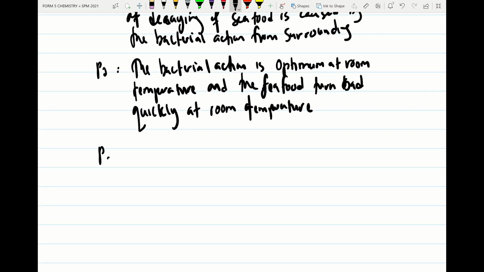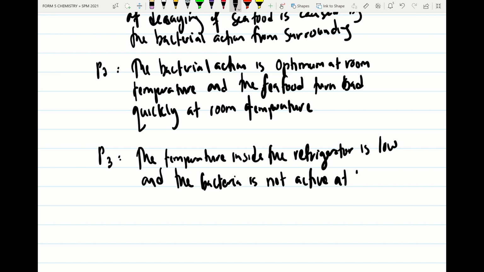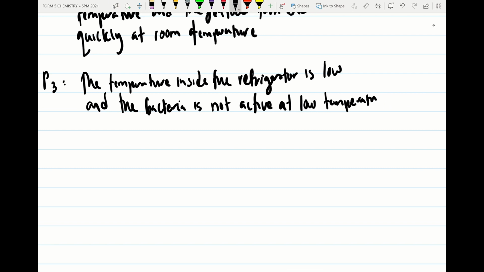Then point number 3, the temperature inside the refrigerator is low, and the bacteria are not active at low temperature. All right, so we go for point number 4.